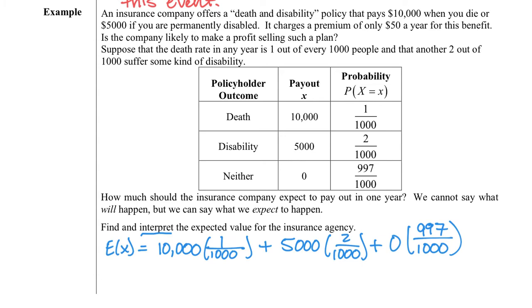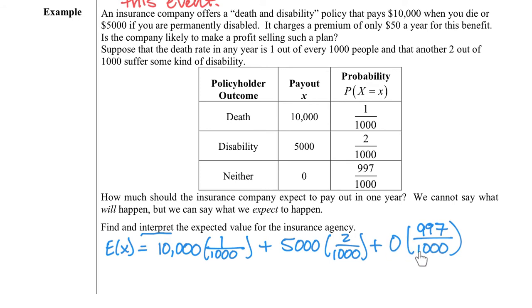This is how you would set up this equation on the AP exam. So let me point out a couple things. First off, you are free to change these fractions to decimals if you prefer, especially if you have a calculator that doesn't deal with fractions very easily. Second, notice even though this part is going to become just a 0 and it really will not affect our final answer, you must still write it down in your equation on the AP exam.